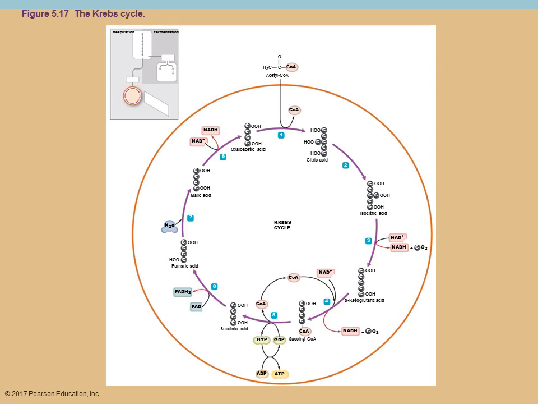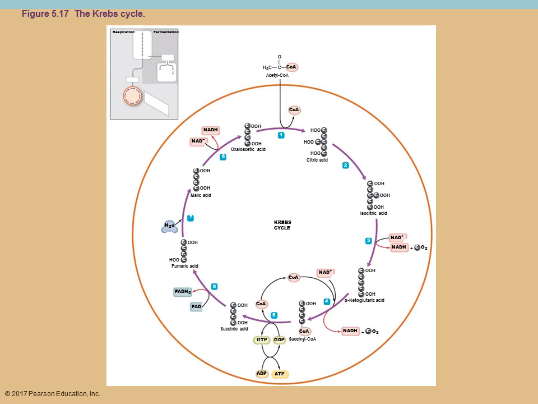With the Krebs cycle, once again, up in the upper left, you can see from that initial diagram where we're located now. So we've gone through glycolysis. We've made now the acetyl-CoA, and on the very top here, you can see the acetyl-CoA is going to flow in at step number 1. You lose the coenzyme A, it comes off, recycles and can be used again because you have a constant supply of pyruvic acid coming in.